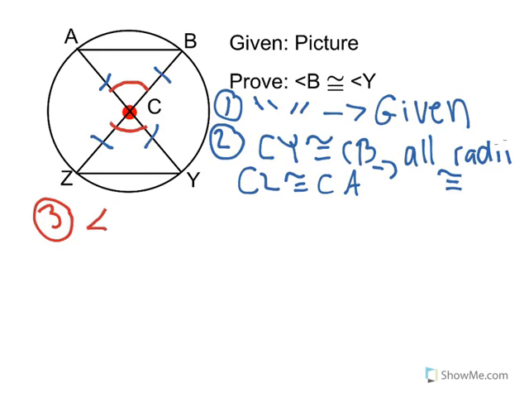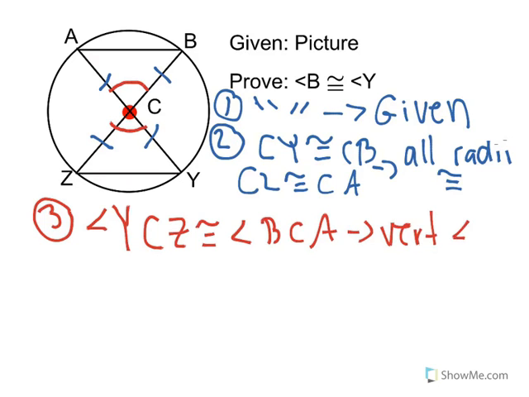So angle YCZ is congruent to angle BCA, because they are vertical angles. And now I have enough information to prove that the triangles are congruent.